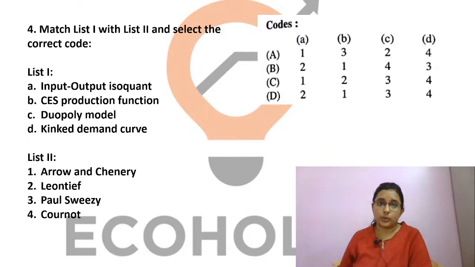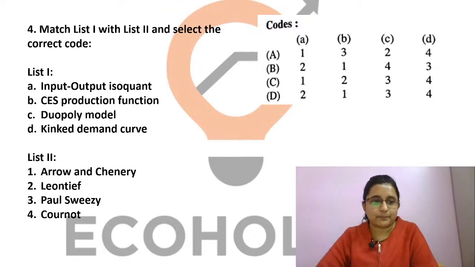And in list 2, we have Arrow and Chenery, Leontief, Paul Sweezy and Cournot. Tell me, how can we get the right match? Let's see what answer you all are giving me.